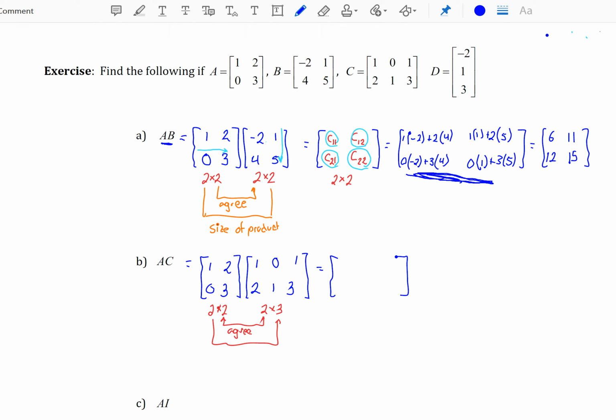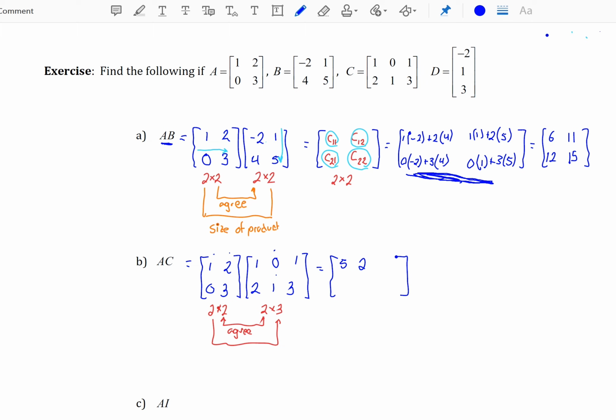So now the way I typically do this, first row of A times the first column of C, I think it's going to be 1 plus 4, should be a 5. First row of A, second column of C should be 0 plus 2, is 2.